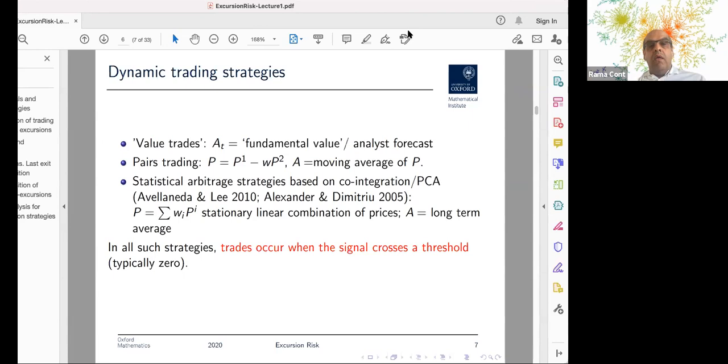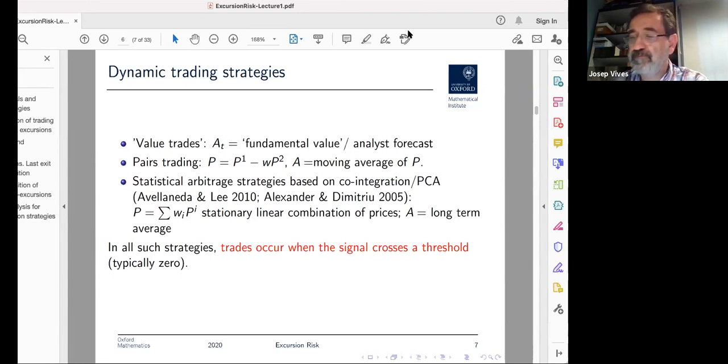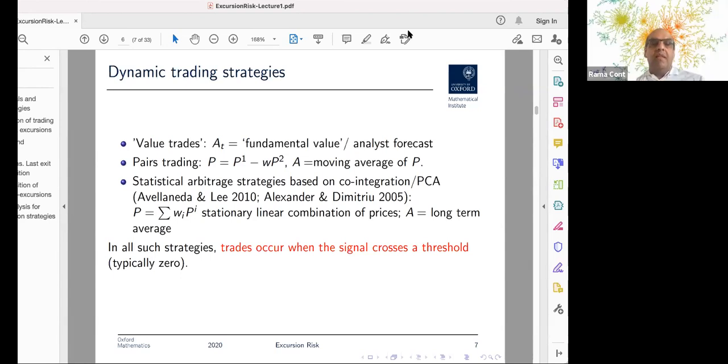Now, a generalization of this idea is the more general form of statistical arbitrage strategies. You don't need to necessarily do this for two stocks. You can say, I have a collection of assets which are somehow very correlated. They're in the same sector, or they're bonds from the same issuer, or something like that. So I look for stationary linear combinations of these prices.